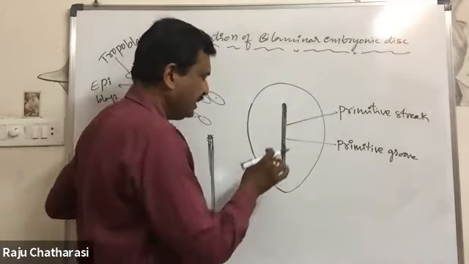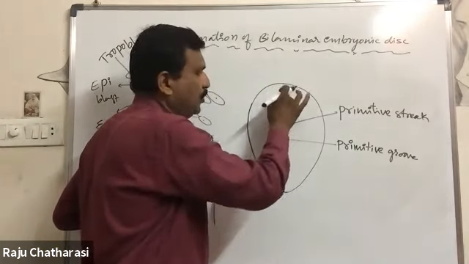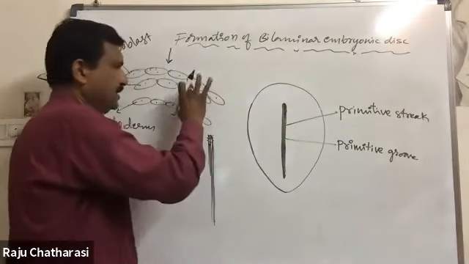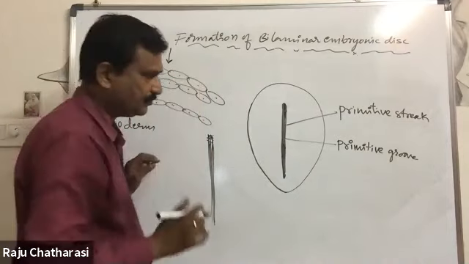Where is this primitive groove formed? On the mid-longitudinal portion of the bilaminar blastodisc, right?